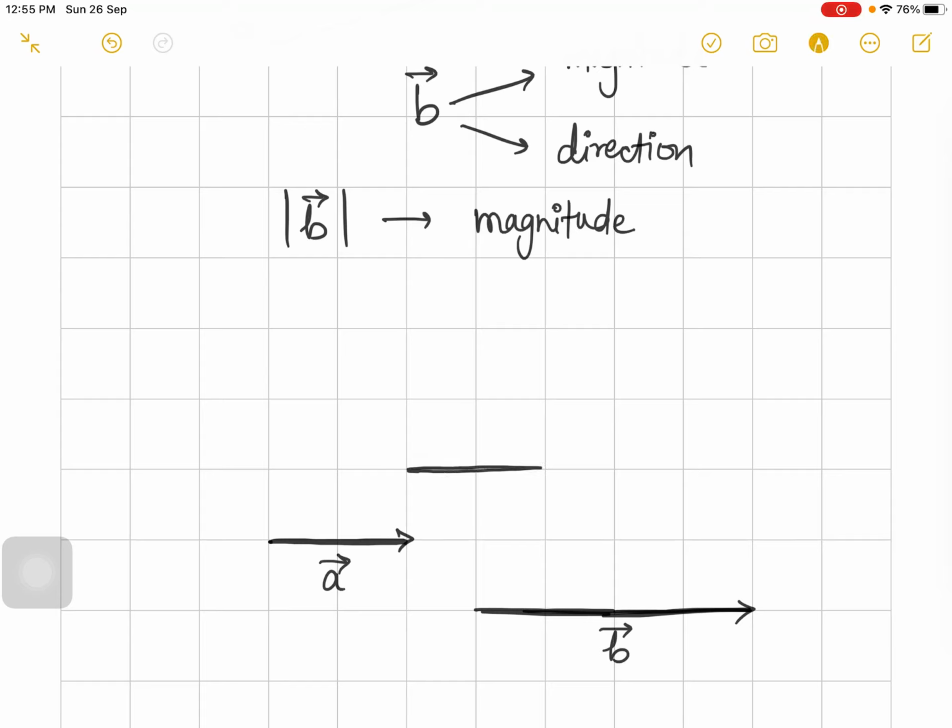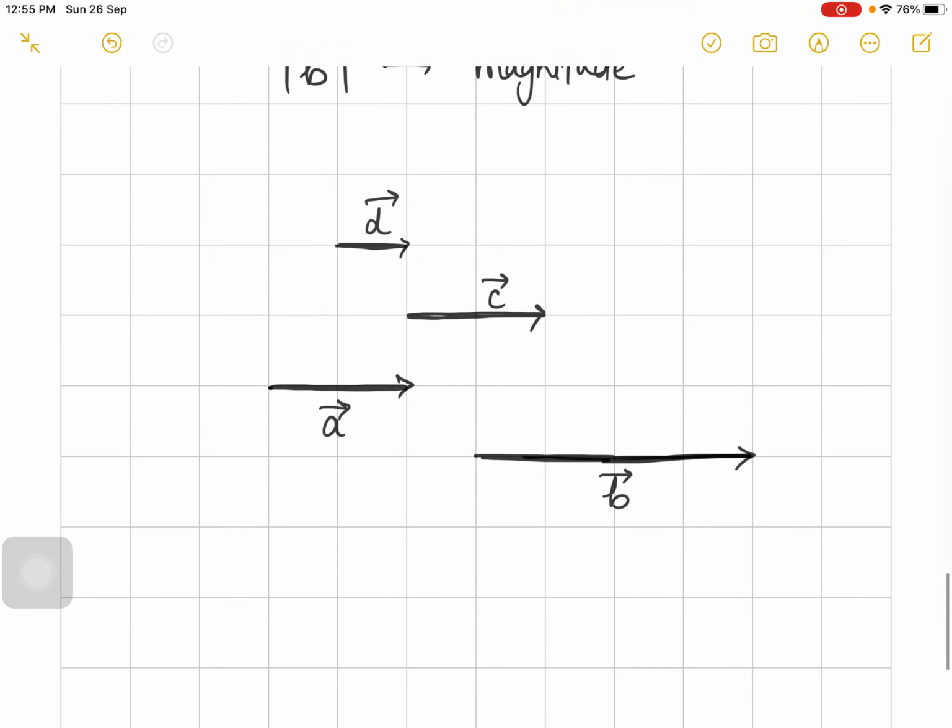And here I have another vector C, and yet another one, vector D. If you look carefully, all of them are in the same direction. They're all going from west to east.